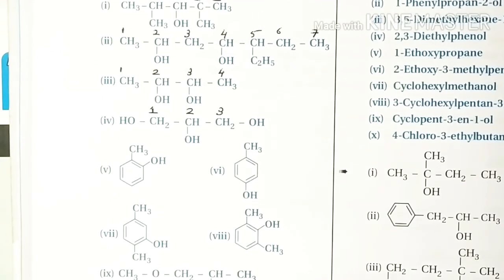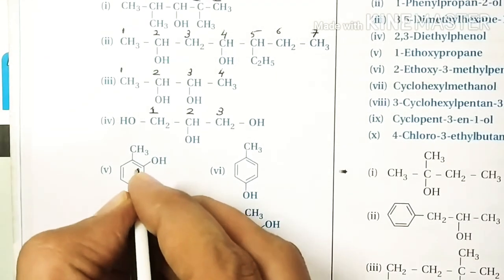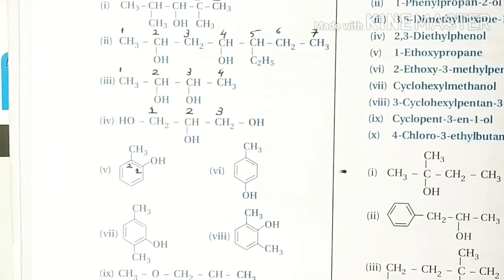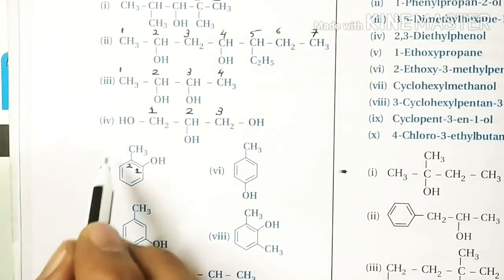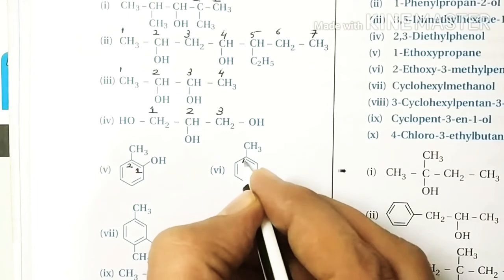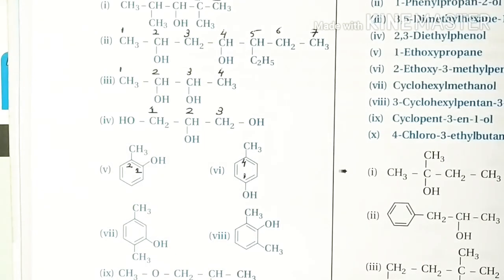Another example is given in this manner. We give the number such that 1, 2. So it's 2-methylphenol, or the other name is orthocresol. Here 1, 2, 3, 4, so 4-methylphenol or paracresol.